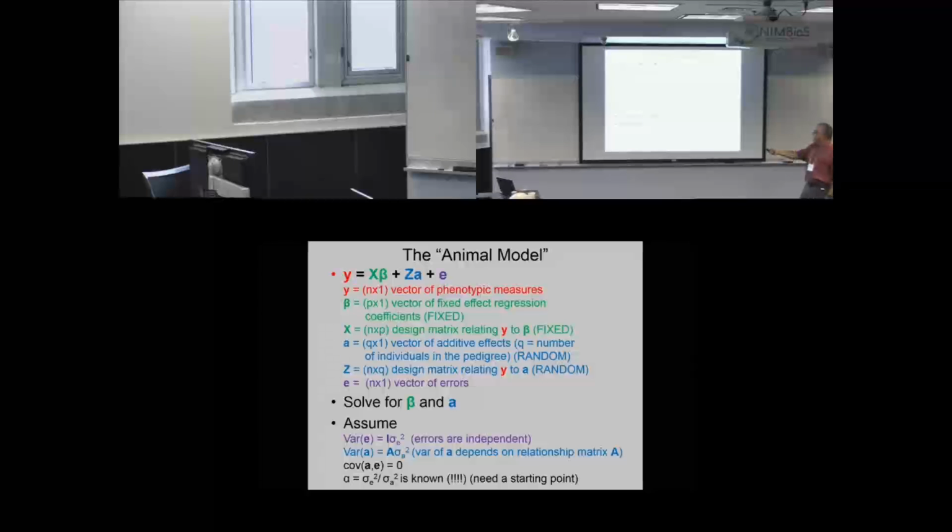So X is an N by P matrix, where N is the number of individuals in the population and P is the number of different fixed effects that you have. So it's an N by P design matrix relating y to beta. And basically all it's telling you is which of the fixed effect groupings the individual on which you've collected that specific data point belongs to.